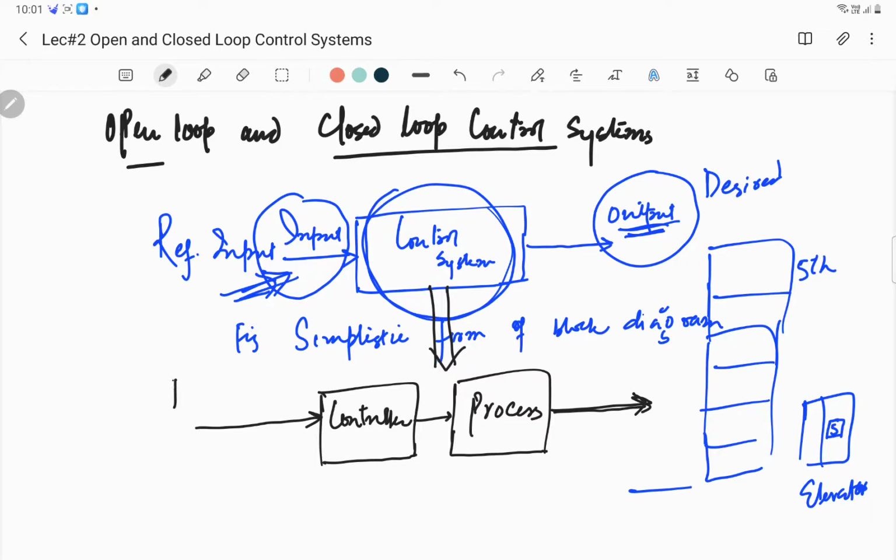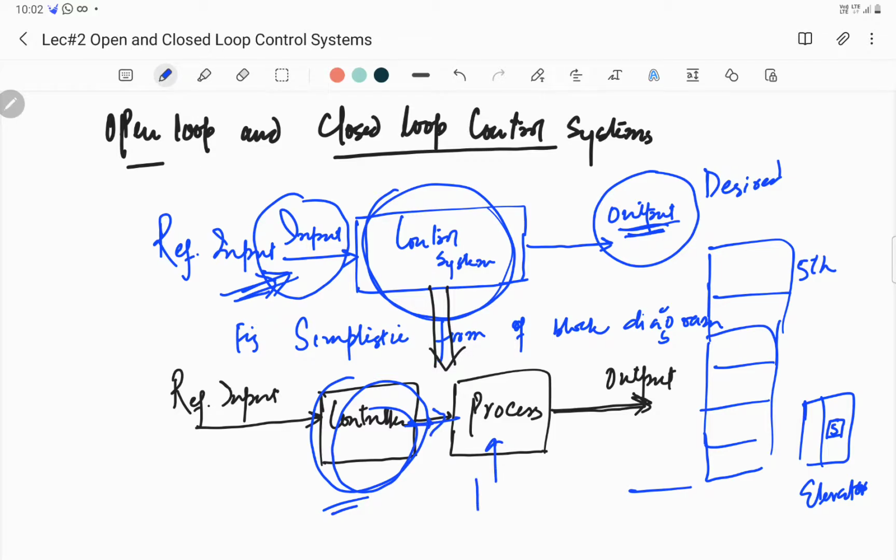So we have a reference input and we have the output, which is also sometimes called the desired output. The controller will control the amount of input, and the controlled input will be processed here by the process so as to achieve a desired output.